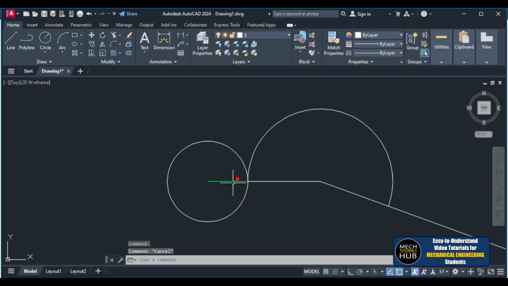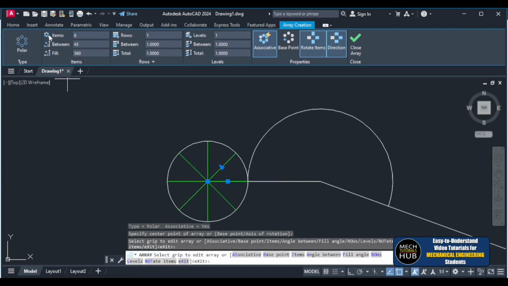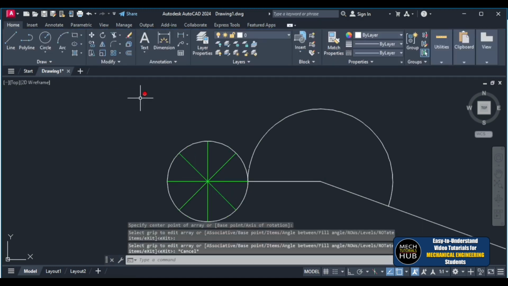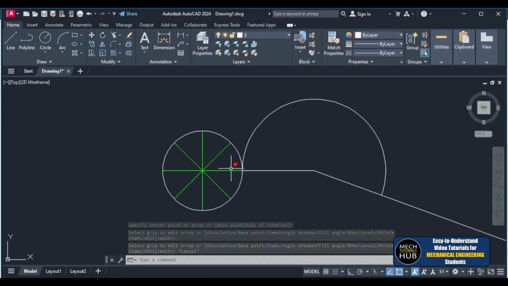Then I'll select it and say ARR, nothing but array. I want to do a polar array with respect to the center. I want some 8 copies. Okay, this is it.